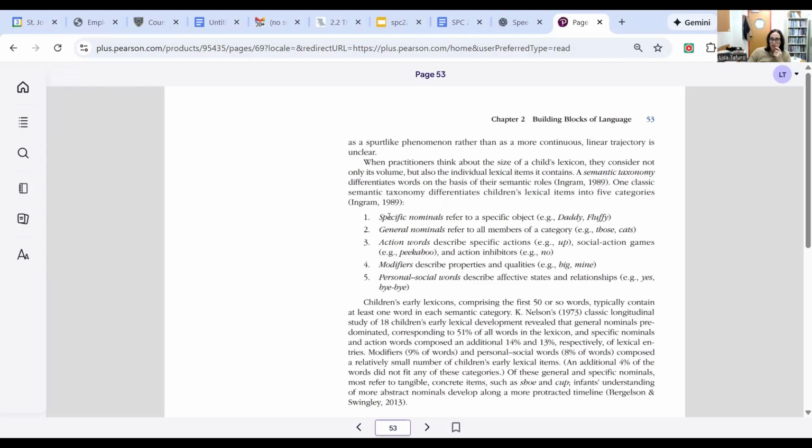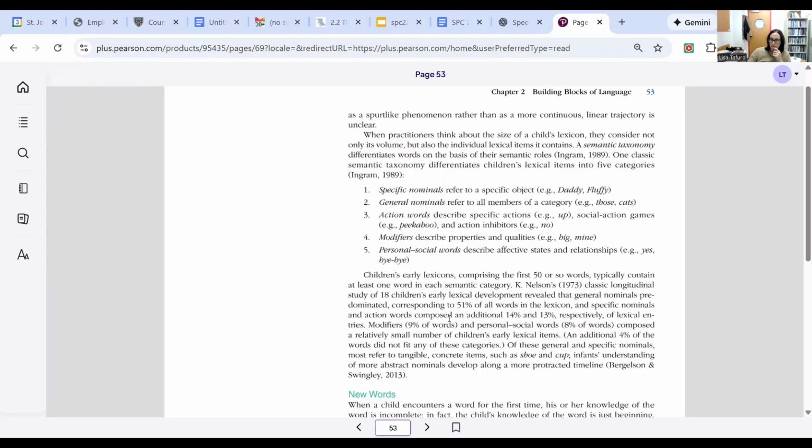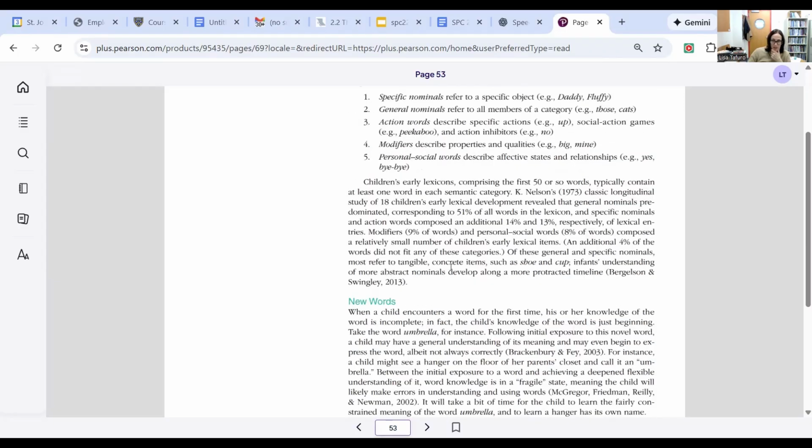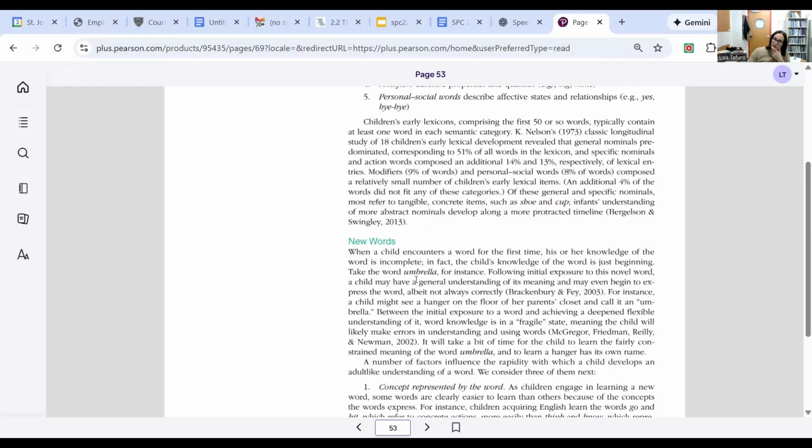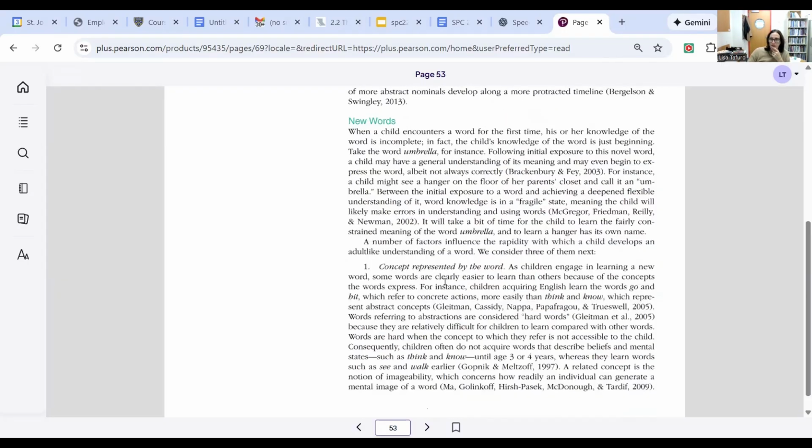So we like to see that children are developing a whole host of these different categories of words. Here we know there are some percentages of what we expect young preschool children to have in their vocabulary.